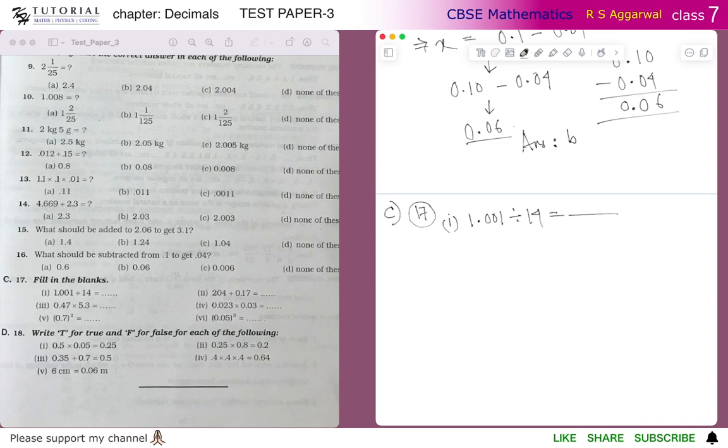So how do we do that? We divide the decimal number as a whole number by omitting its decimal point. So 1001 as a whole number, and then later on this is a fraction, it will be a decimal number.